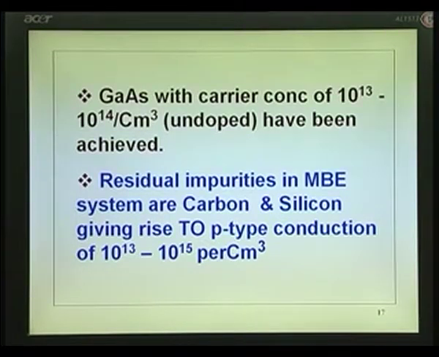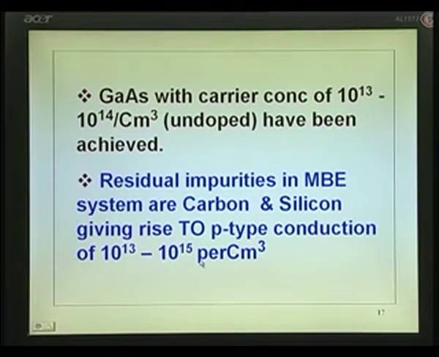Residual impurities. Now, what are these impurities which are present in this MBE system? One of them, of course, is silicon, omnipresent everywhere, and carbon, giving rise to p-type condition. Carbon gives rise to p-type.